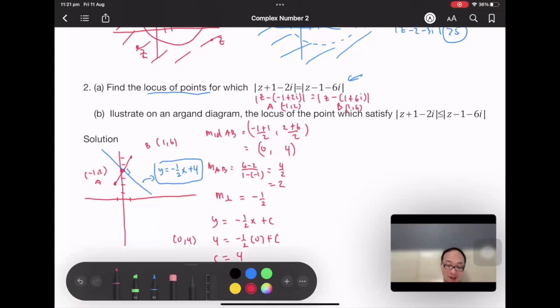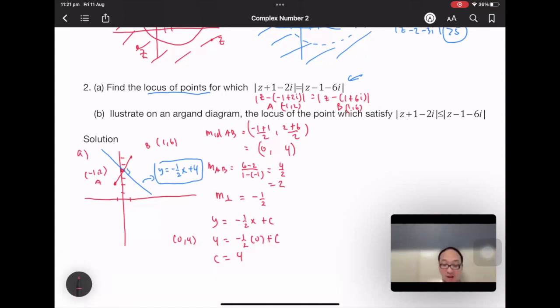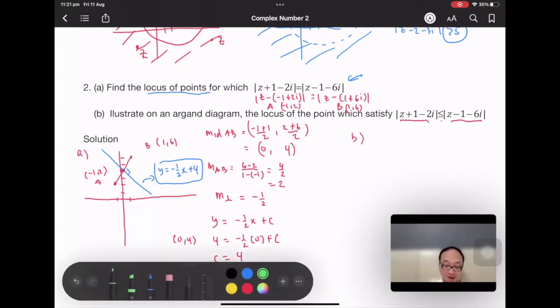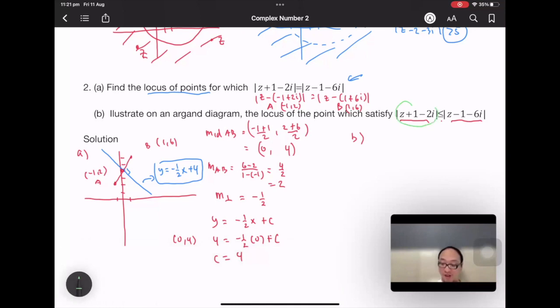This is A. How about B? Illustrate on the Argand diagram the points which satisfy this inequality, smaller than this. So I can draw it using the gradient. So find the region where the distance of z to the point negative 1 and 2, we know this, is smaller.